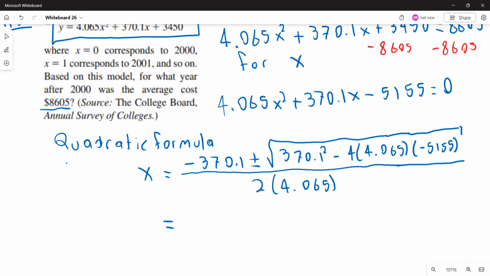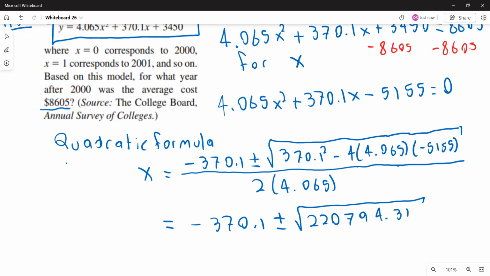Okay, so all this product is going to be 220,794.31. So this is minus 370.1 plus minus the square root of 220,794.31, all this divided by 8.13.